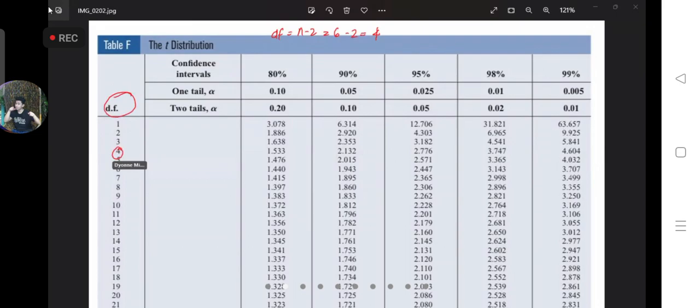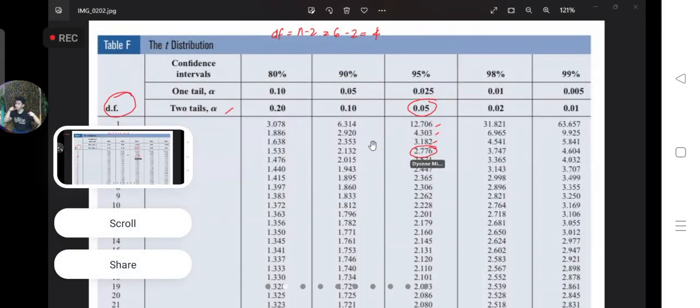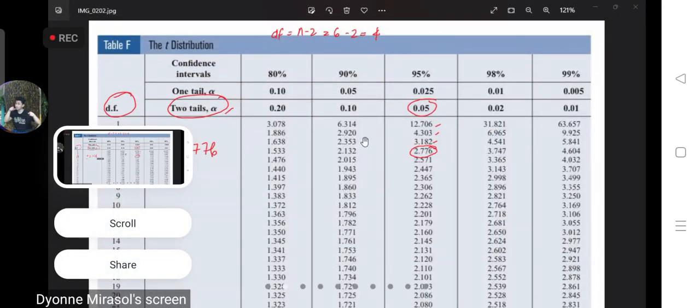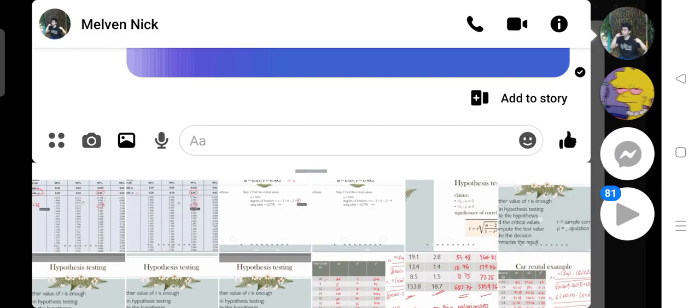And then using the confidence interval of 2 tails, and 0.05 under this column, we can then say our critical value is 2.776. Since it is two-tailed, our critical value will be plus minus 2.776 using this table. We will be using this table since this is the table for T distribution.